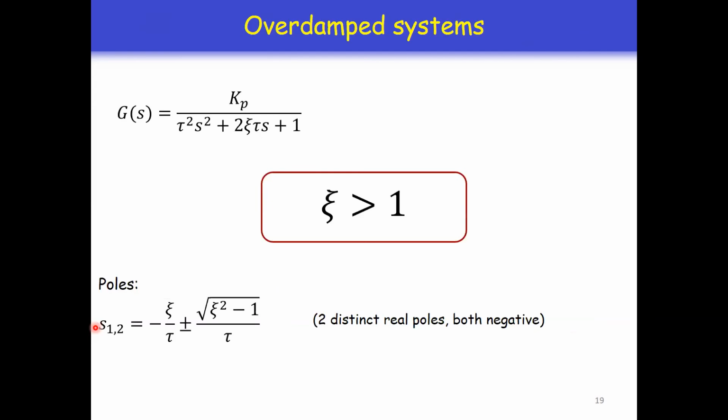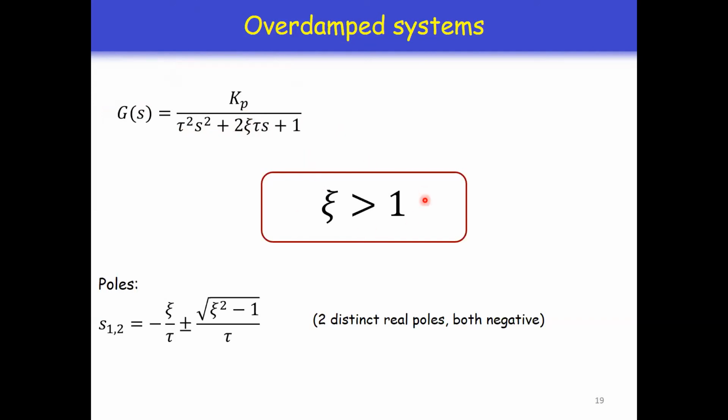So let's start with the overdamped systems. Again, let's consider the general transfer function for the second order systems, like the one that I'm showing you right now. So the way to identify if the system is over, critically, or underdamped is based on the analysis of Xi.